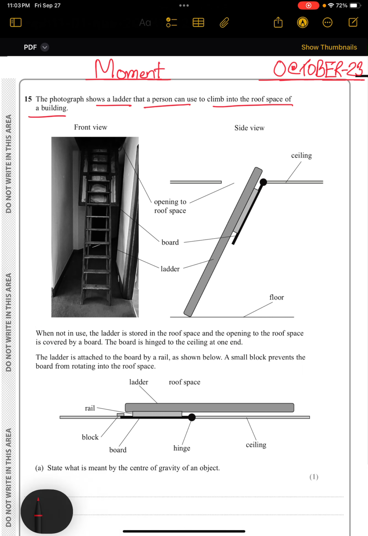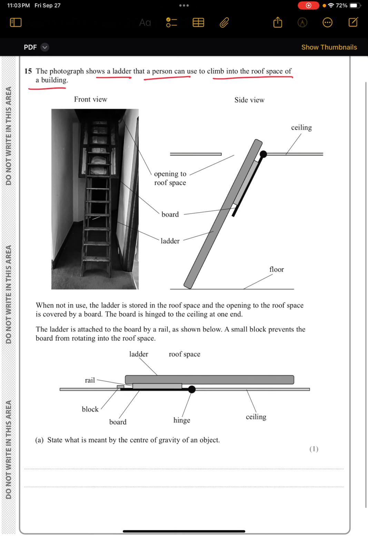In part A they have asked what is meant by the center of gravity of an object. As we all know, the center of gravity, or the center of mass, means the position or the point at which the whole weight of the body acts. So if the position is from this position to this position, this is our center of gravity, the midpoint through which the whole weight of the object acts.